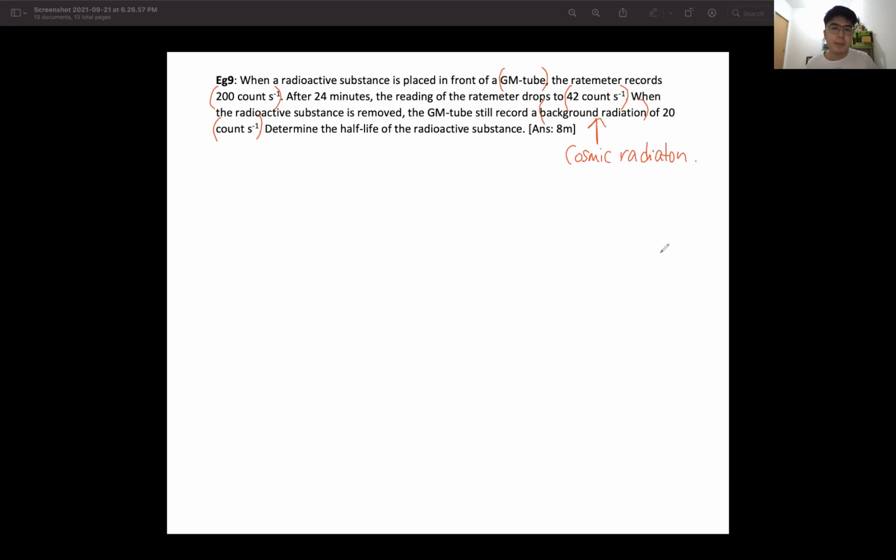So what is really cosmic radiation? Cosmic radiation is radiation from outer space. Actually, the scientists don't know what it is until now. They don't know where it comes from.